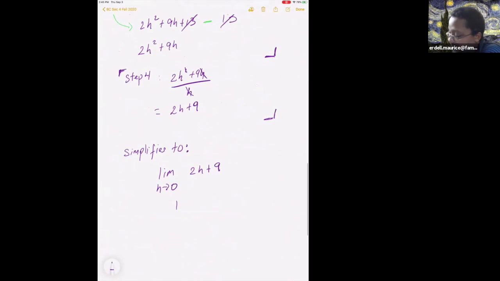I do my direct substitution. That's going to be 2 times 0 plus 9 because h is going to 0. And that leaves me with the answer 9.